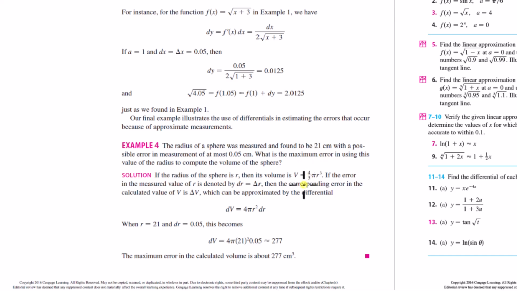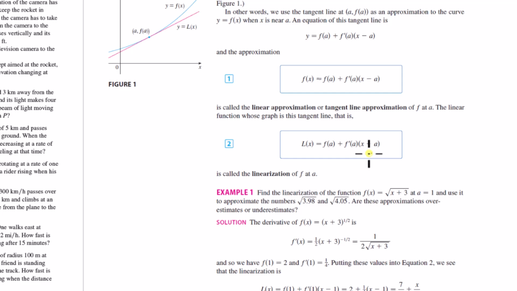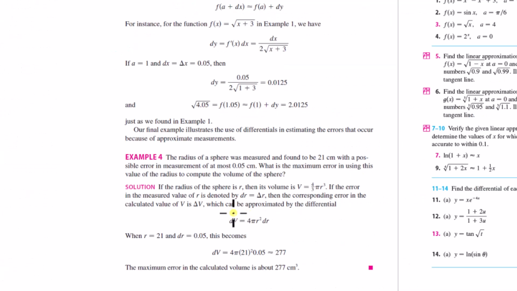How do we do that? Well, we use this formula here. We're going to take the volume formula, evaluate it at 21, find the derivative of the volume formula, and then plug in 21, and then this will be x minus 21. Well, actually, no, that's not what we would do. You could do that and it would work, but to do it the simplest way, what do we need? What are we looking for?